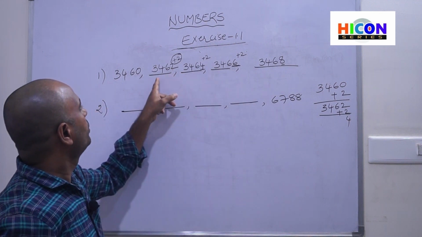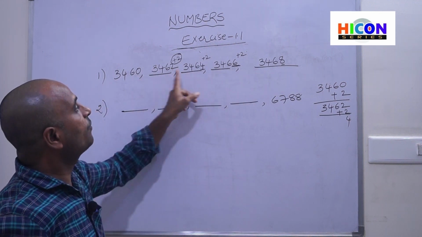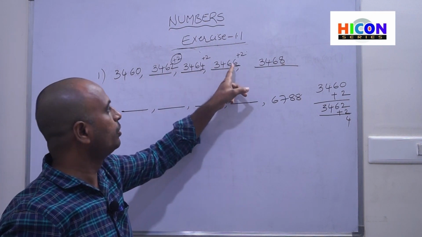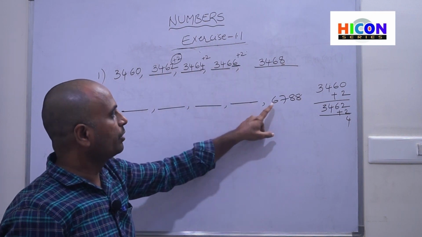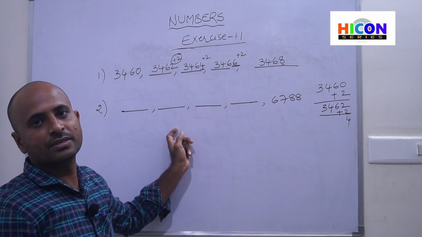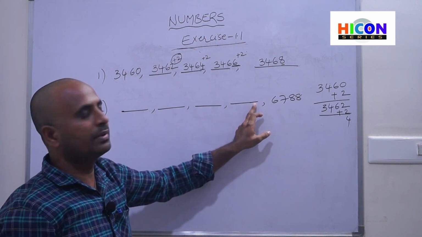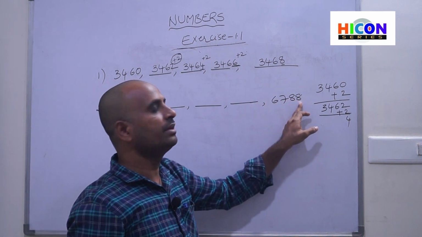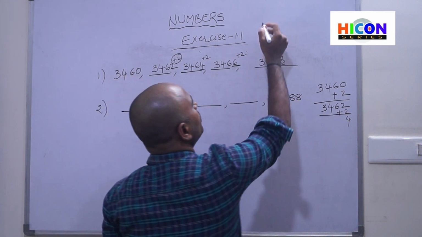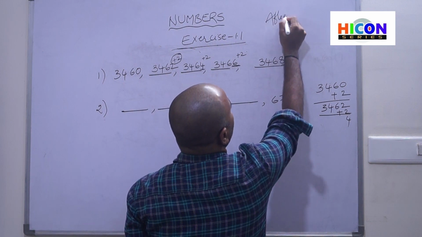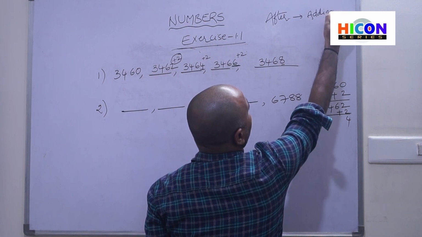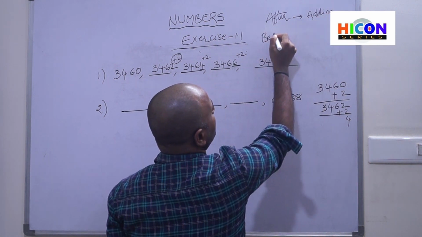In the above you have written the after numbers. For after numbers you have added 2. But here you have to write before numbers. For writing before numbers, you have to subtract 2 from the ones place. So after means adding, and before means subtracting.